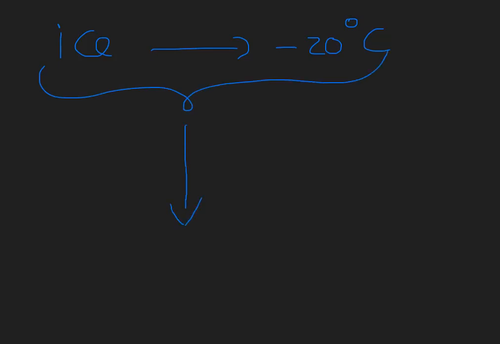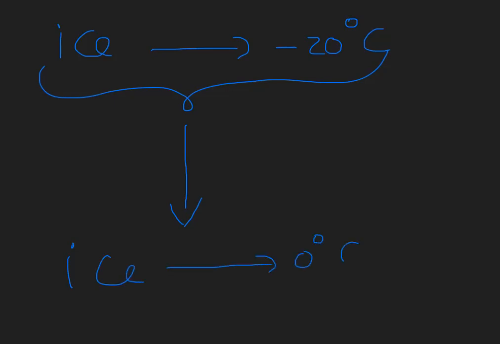First of all, ice initially is at what temperature? Minus 20 degrees centigrade. So directly ice at minus 20 degrees centigrade we can't convert in one step to steam at 100 degrees centigrade. First, ice at minus 20 degrees centigrade must be converted to ice at 0 degrees centigrade.